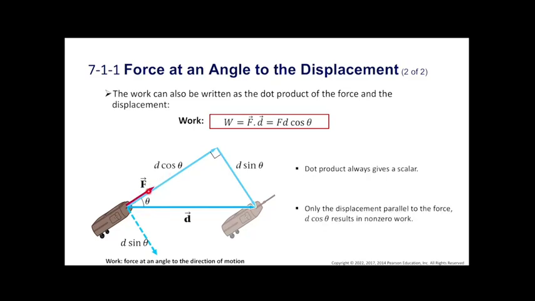Therefore, the total work done is Fd cos theta, as we expected. So, for work done, we can write F cos theta times d, or F times d cos theta. Either case is correct. So, the final value is Fd cos theta. Theta is the angle between the force and the displacement.